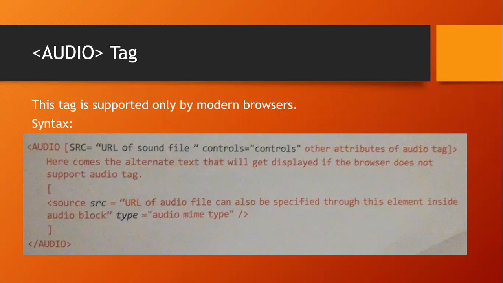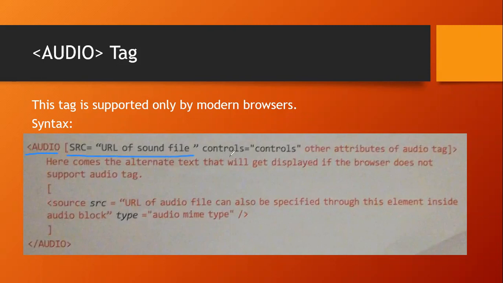So old browsers will not work with this audio element. So if you see the syntax, first we will write audio, then we provide a source file. src is equal to URL of sound file.